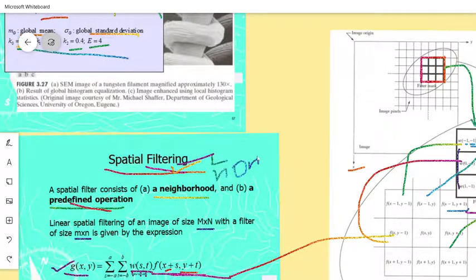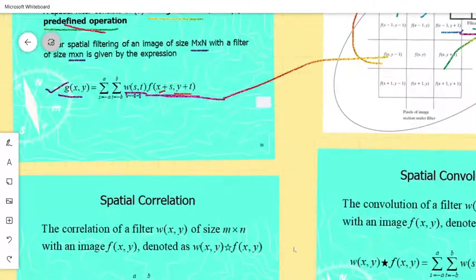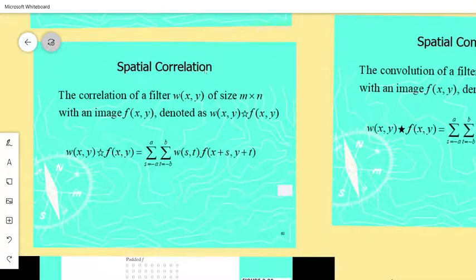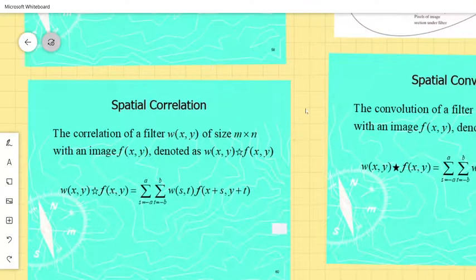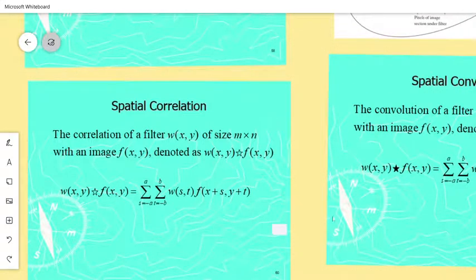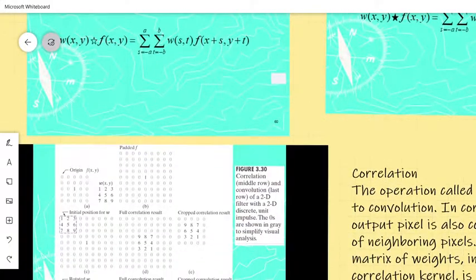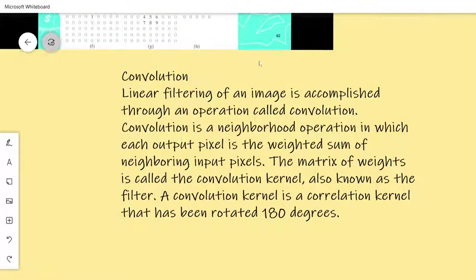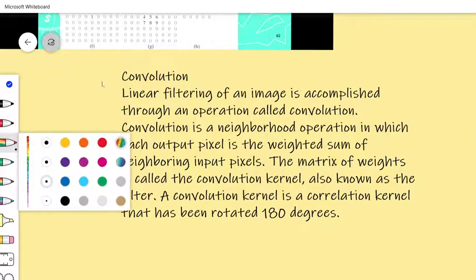For filtering operations we require spatial correlation and spatial convolution. First, very simply, I'll say what convolution is, which is a very important operation in deep learning and machine learning concepts.